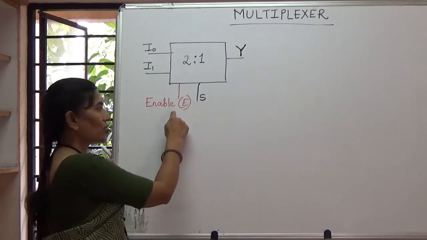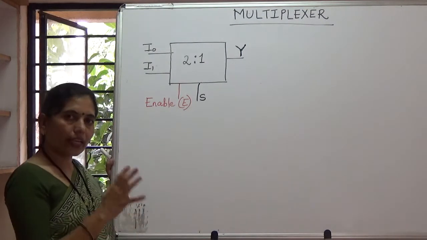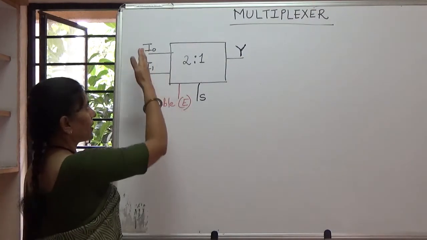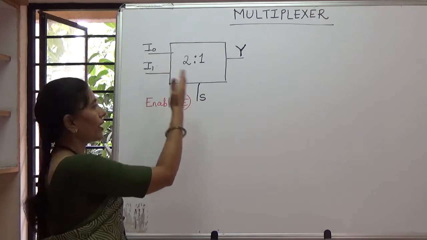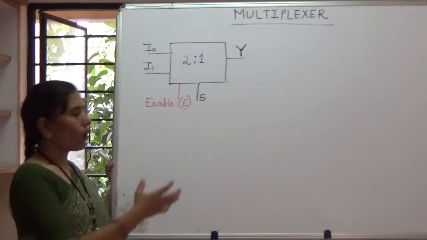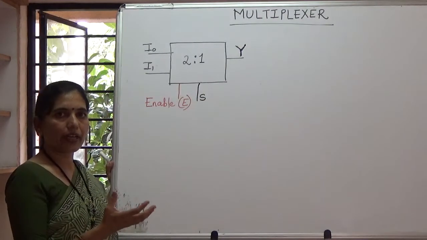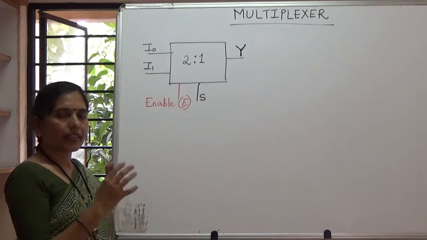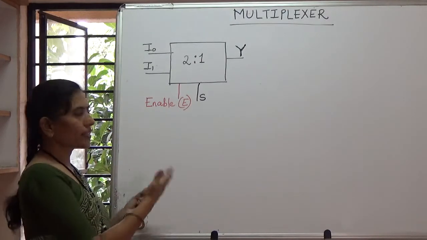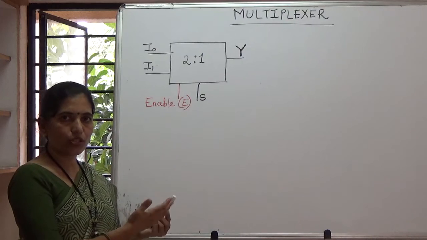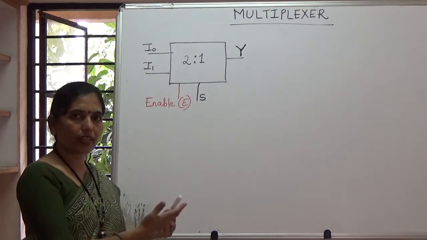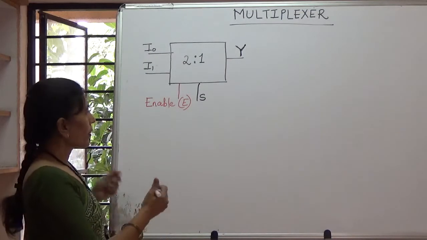Only in the case where E is 1, the output Y will be either I0 or I1 depending upon the select pin. That means the multiplexer IC or this particular circuit will work as a multiplexer provided that the E pin is 1. So let us look at how this reflects in the equation which we had obtained for output Y, and how the implementation changes.